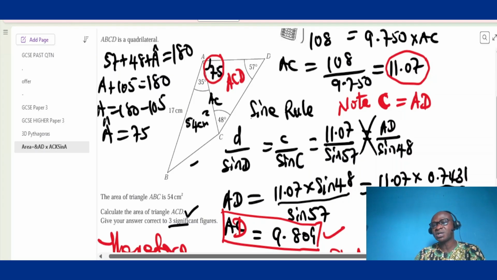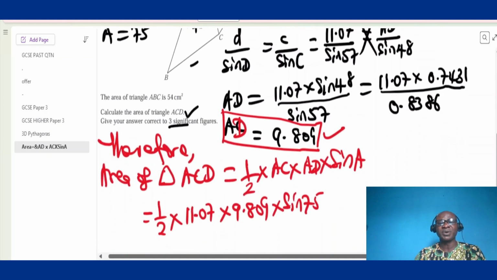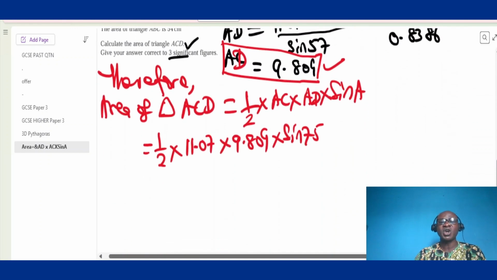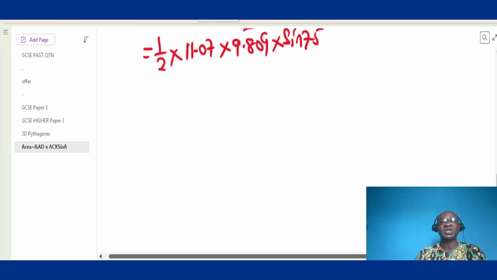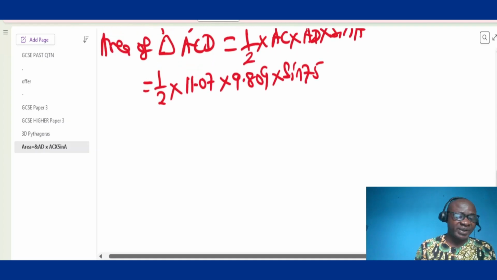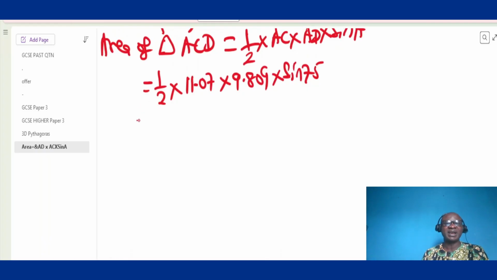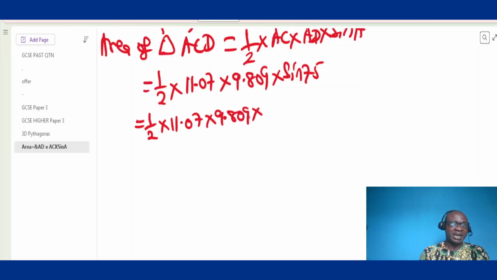Moving forward, what we need now is to compute, because all values here are complete. Nothing is missing. But before that, let's find the value of sine 75. So half multiplied by 11.07 multiplied by 9.809 multiplied by sine 75.